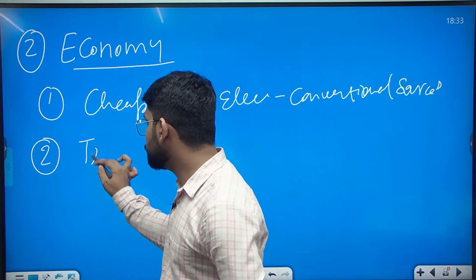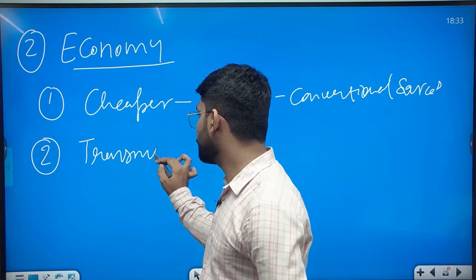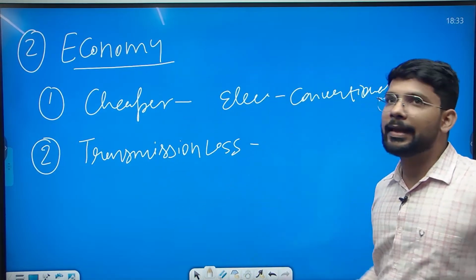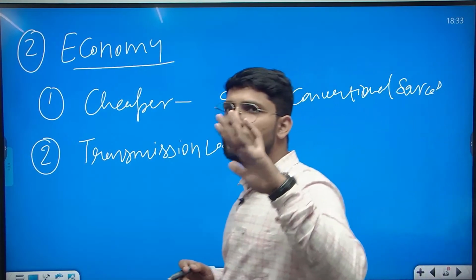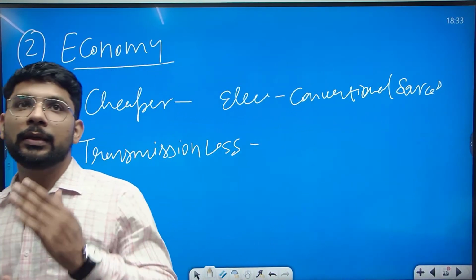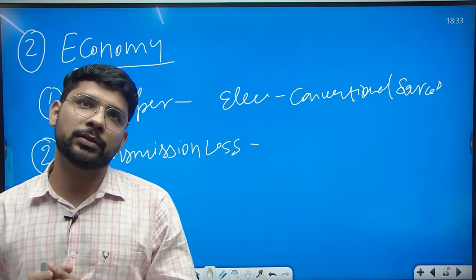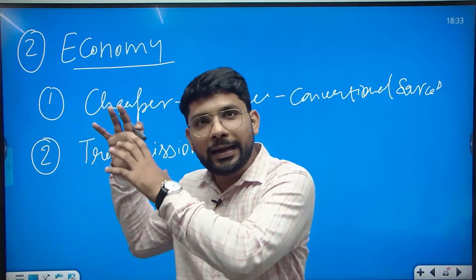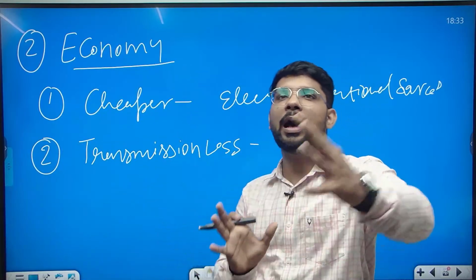Second is the transmission loss. In the case of electric energy produced from conventional sources, there is a huge transmission loss in the heavy wires, because the electric energy is transmitted from one grid to the households.